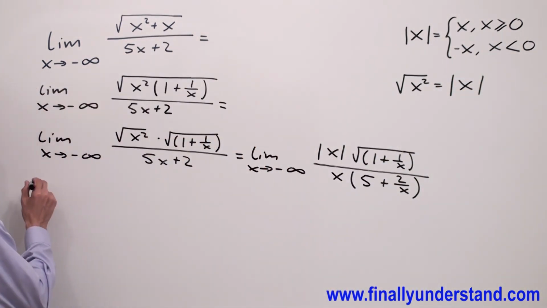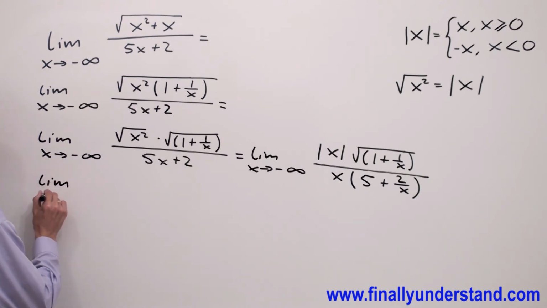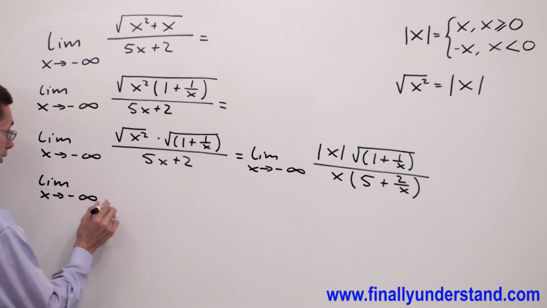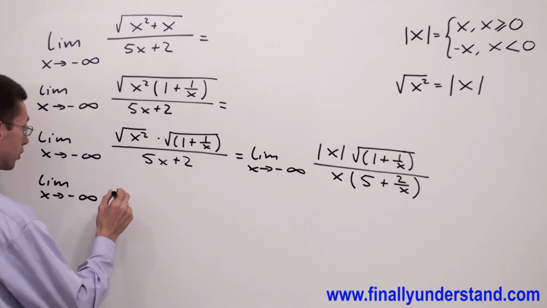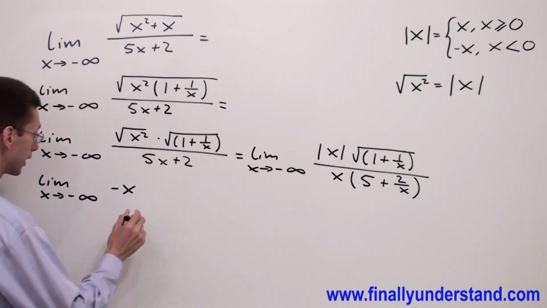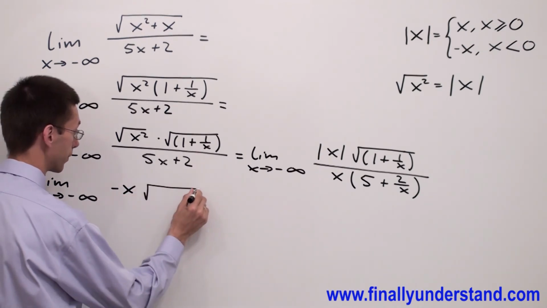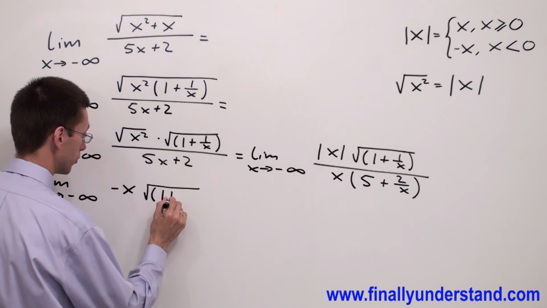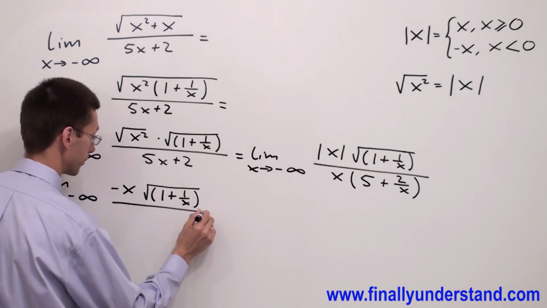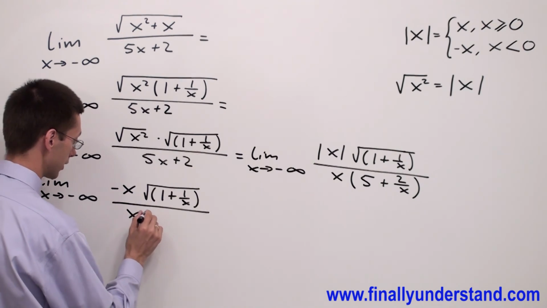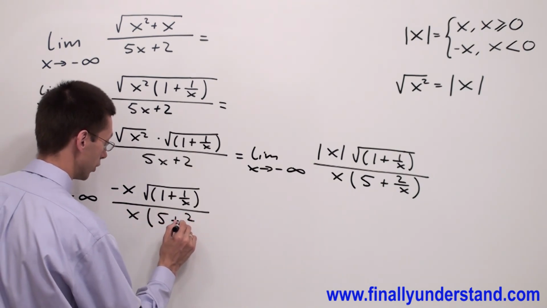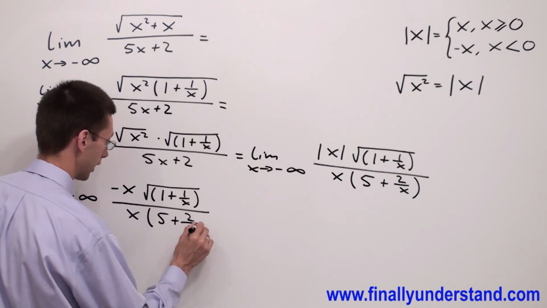And I'm going to have the limit as x approaches negative infinity, and instead of the absolute value of x, I'm going to write negative x times the square root of 1 plus 1 over x, over x times (5 plus 2 over x).